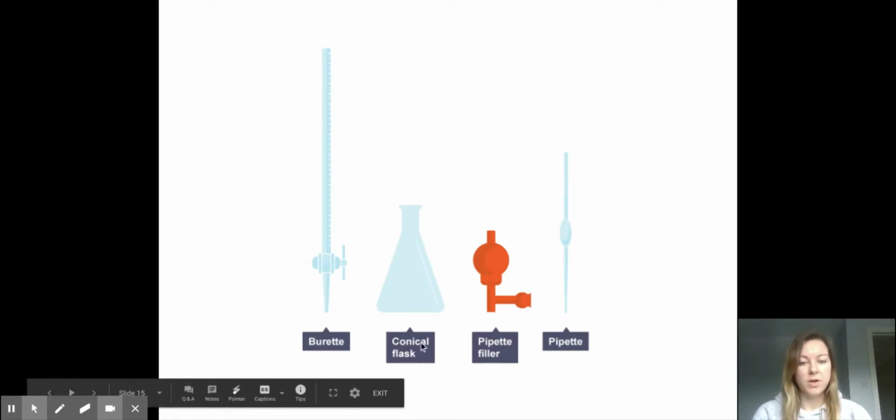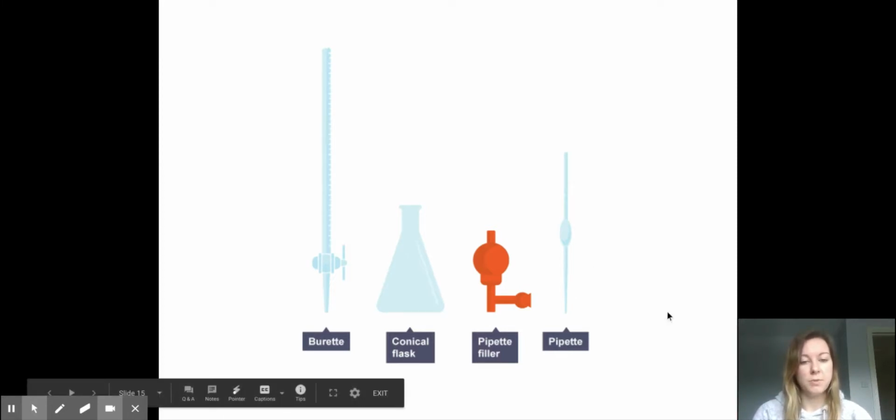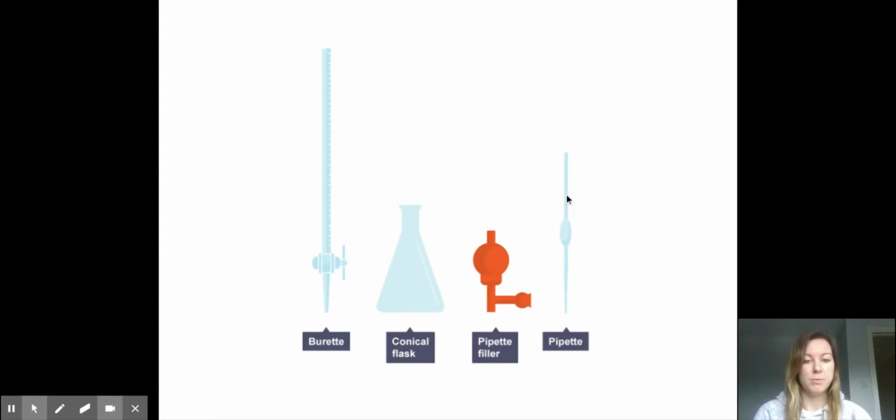So when we are filling our conical flask with whatever's going in there, if you wanted to fill it up with 25 centimetres cubed of your base, then what you would do is use the pipette filler to measure it up to the mark, which is usually around about here, and that is you at an accurate volume of 25 centimetres cubed.